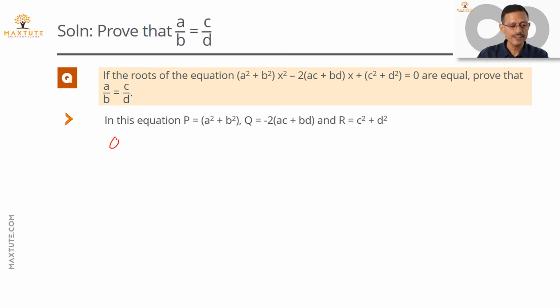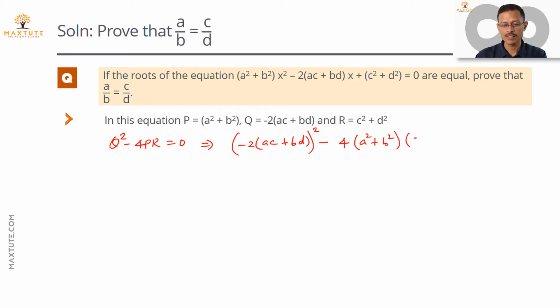So we need to make q² - 4pr equal to 0, which essentially is q² is minus 2 into (ac + bd), this entire term, the whole square, minus 4 into p, which is nothing but (a² + b²), and r is nothing but (c² + d²).